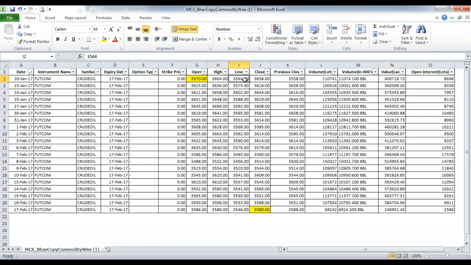Unless there is a holiday during the week, it will not close. It will close only on Friday night. Then Saturday, Sunday, it's a holiday, right? Again, it will start trading on Monday, and it will go all the way till Friday. So during the night, during the day, it is all open. Anybody can buy and sell commodities at any point in time.